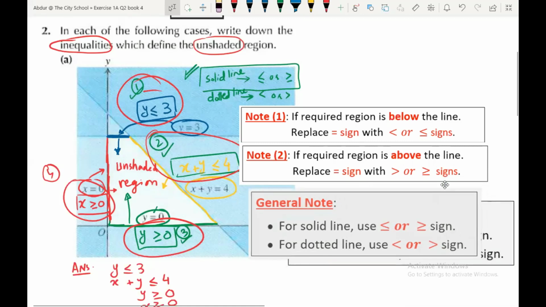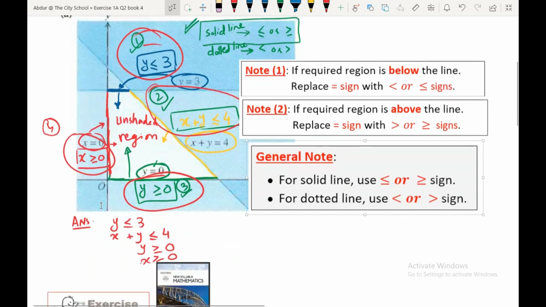And be careful: for a solid line, use this sign or this sign with equal to, less than or equal to or greater than or equal to. For a dotted line, you have to use only less than or greater than sign. In this case, all the lines were solid lines, so I have used less than or equal to, or greater than or equal to sign here.